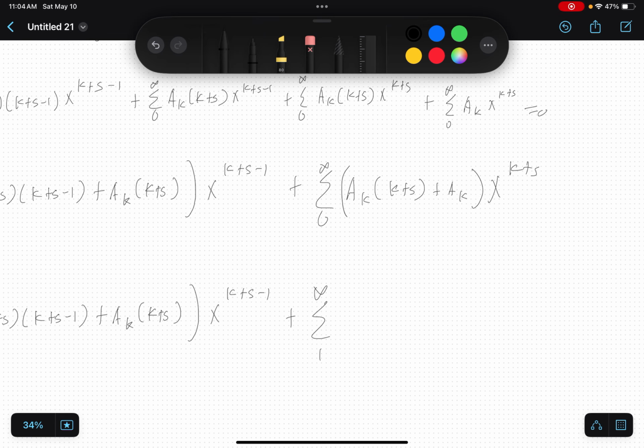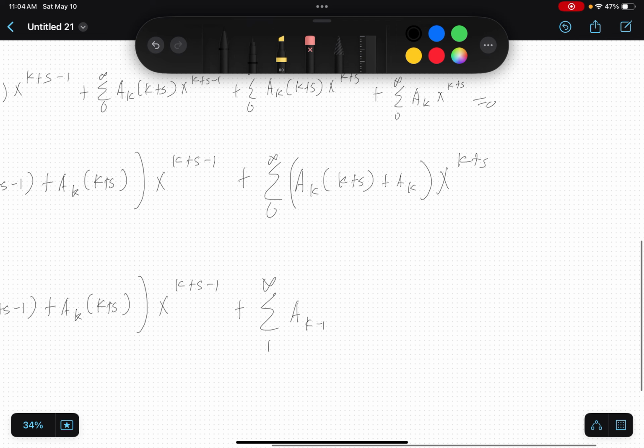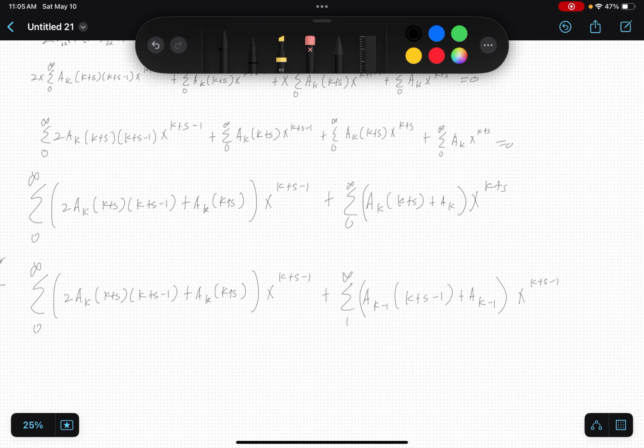A k minus 1, so we're shifting this over, k plus s minus 1, plus a k minus 1, x k plus s minus 1. Cool.